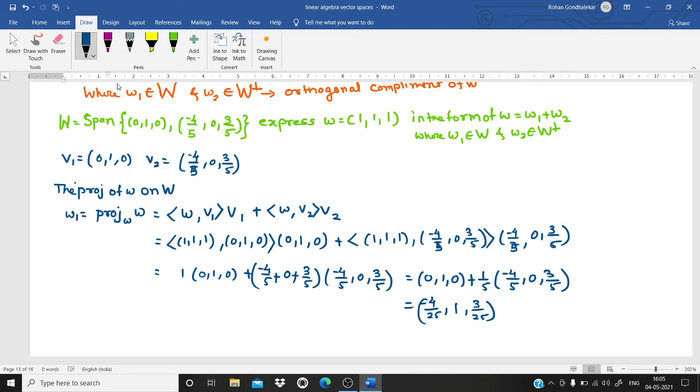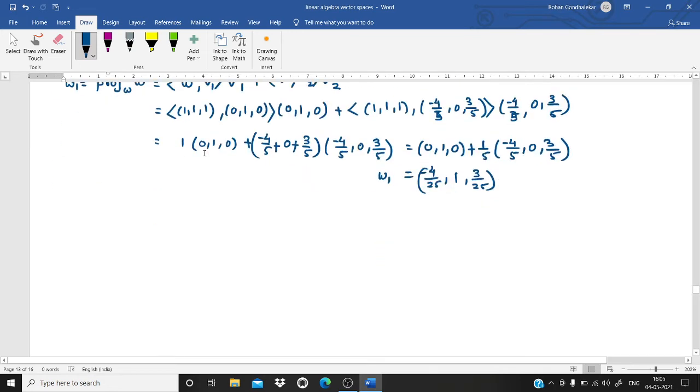So W1 is equal to the projection of W on W. So this is my W1. Got it? Now what is W2?